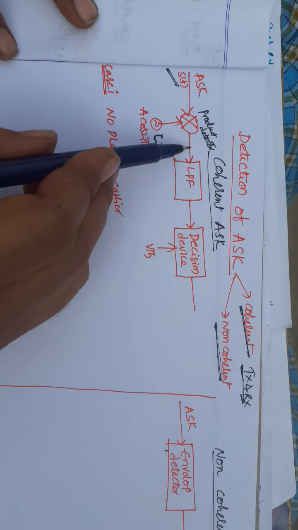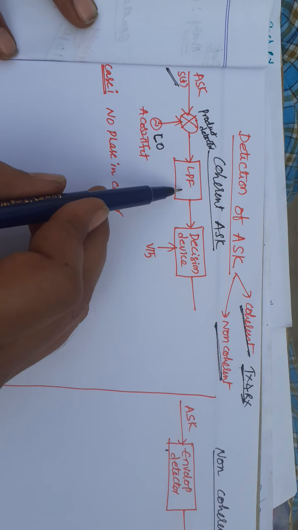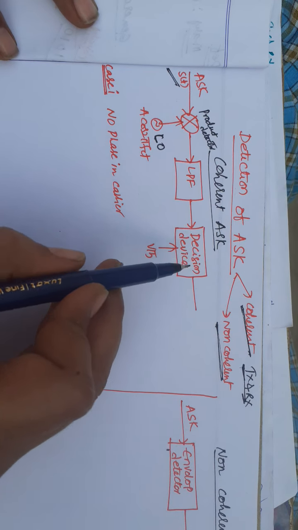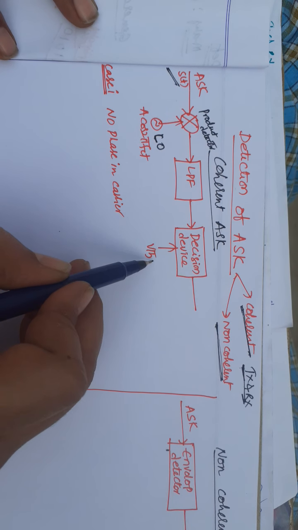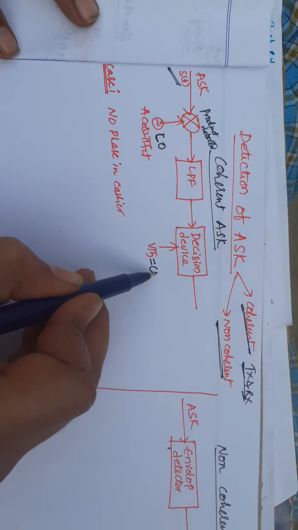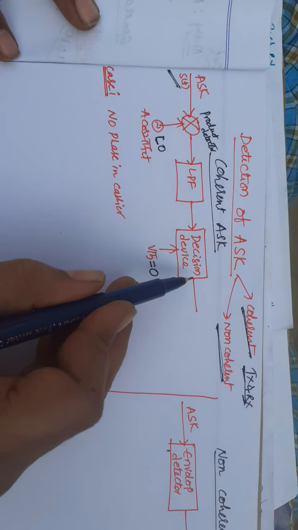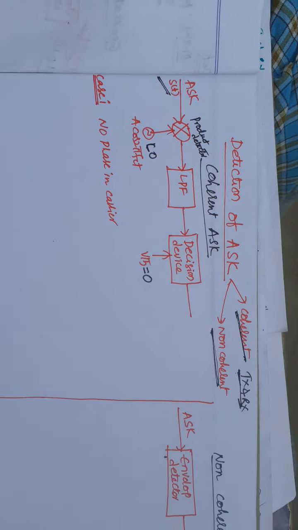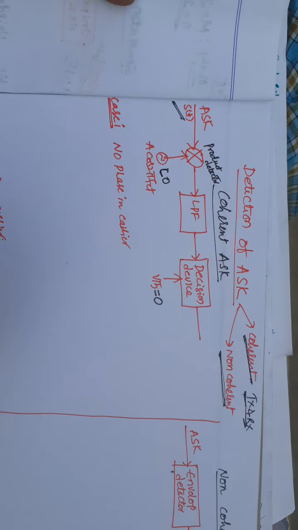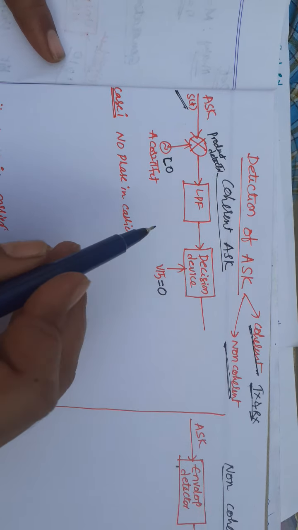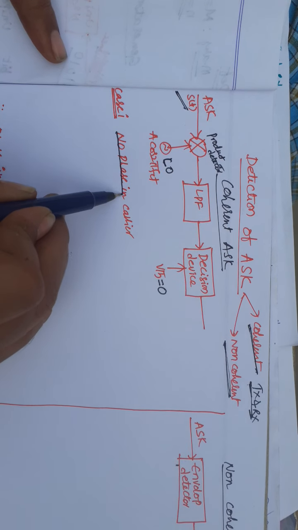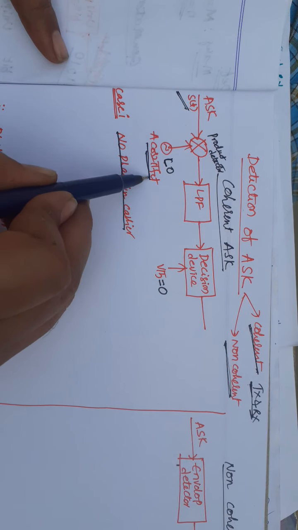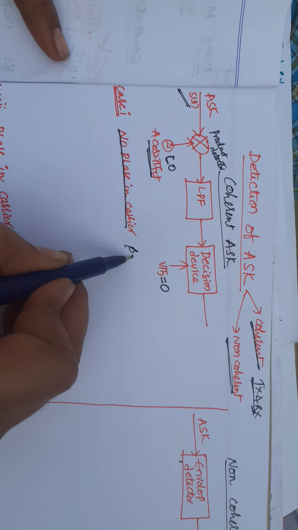The output of the product detector passes through a low pass filter, and the output of the low pass filter passes through a decision device, which has an internal level, that is threshold voltage V equal to 0, and at the output we will get the demodulated signal. Now if you see here, the operation of this coherent detector has two cases. One is no phase in the carrier signal, so in this carrier signal the phase phi is equal to 0.